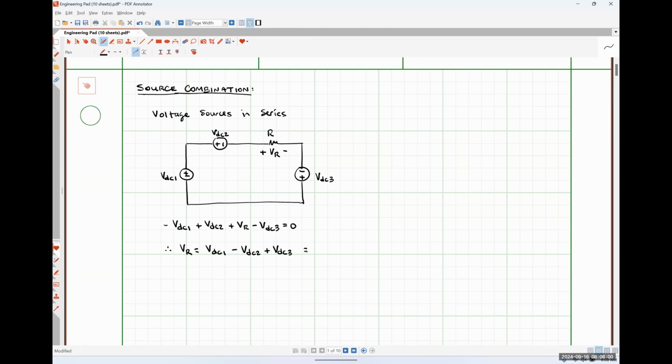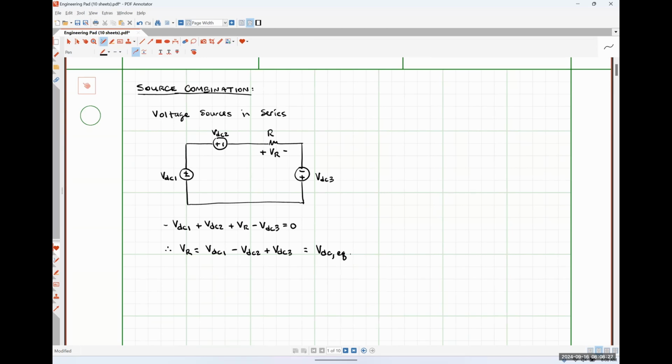And I'm going to say that this is VDC, comma, equivalent. So the resistor in this network sees an equivalent DC voltage source that is a combination of all of the DC voltage sources that were connected in series.